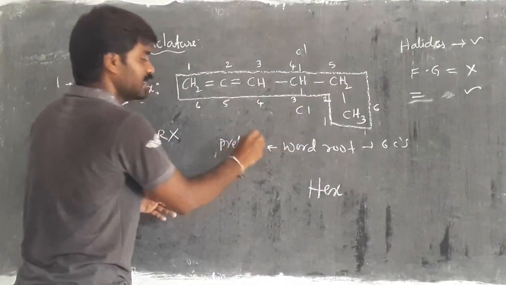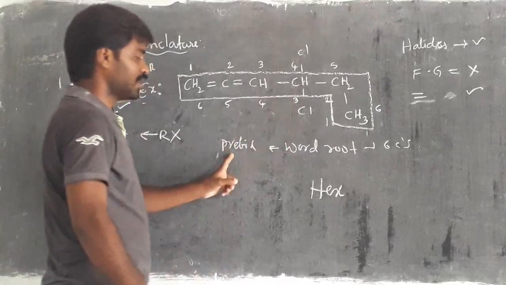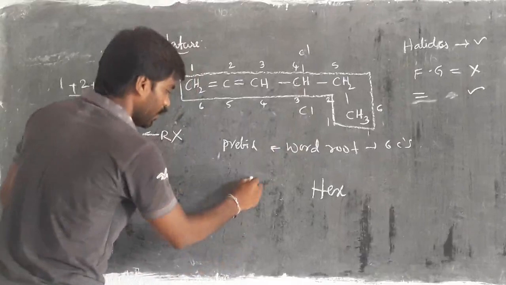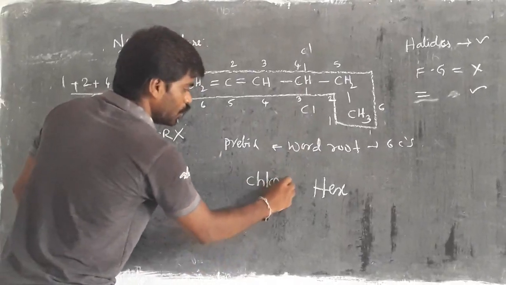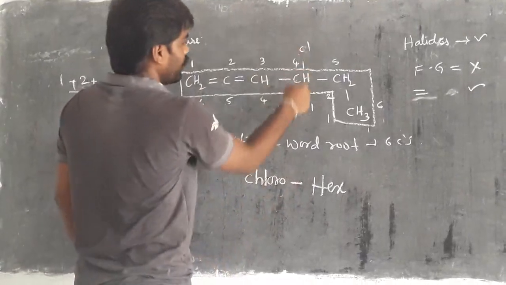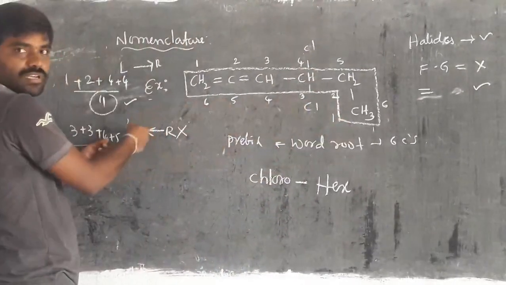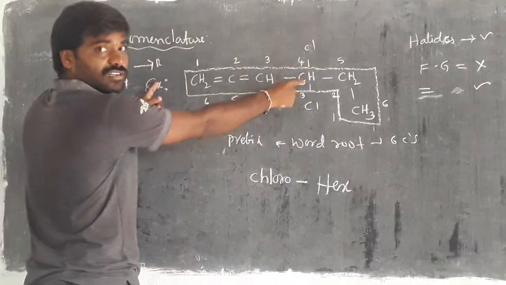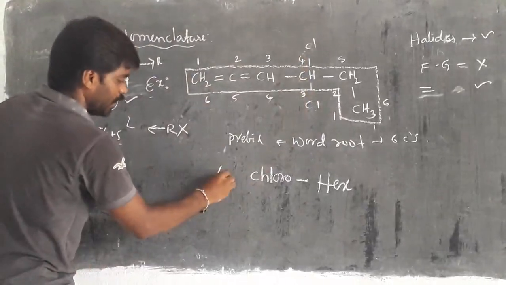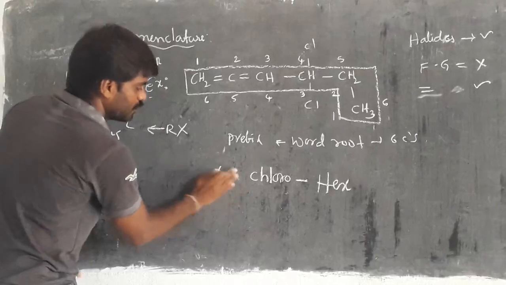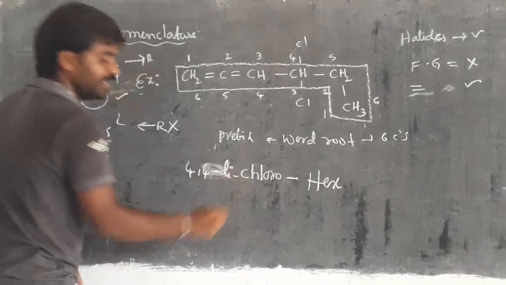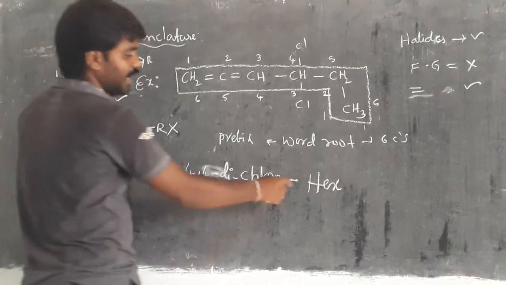So here halides are considered as prefixes. Then what are there? 2 chlorines are there. For that we write chloro, right? Hyphen, then specify the place. We gave the left to right condition, on the fourth carbon. For that we write 4, 4 hyphen di, and hex.